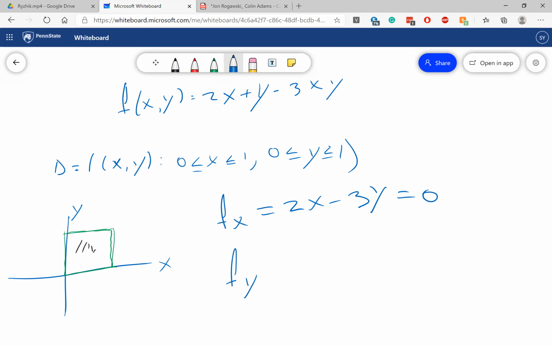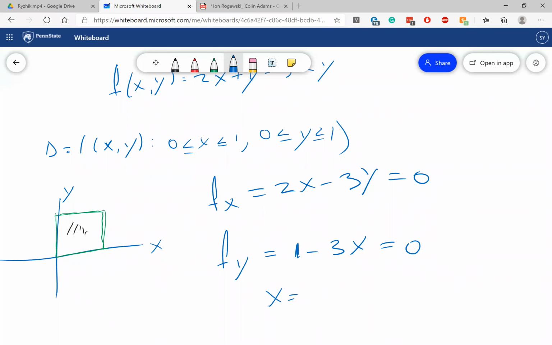Taking the partial of f with respect to y, which is equal to 1 minus 3x, and setting this equal to 0. So we will get from here that x is equal to 1/3. And so for y, one second, 3y is going to be equal to 2x. So that's 2 times 1/3.